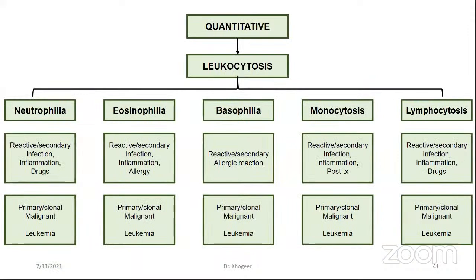Okay, so this chart summarizes all the possible quantitative disorders, starting with leukocytosis, which is divided into neutrophilia, eosinophilia, basophilia, monocytosis, and lymphocytosis.